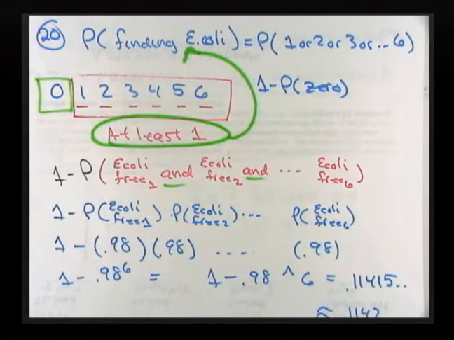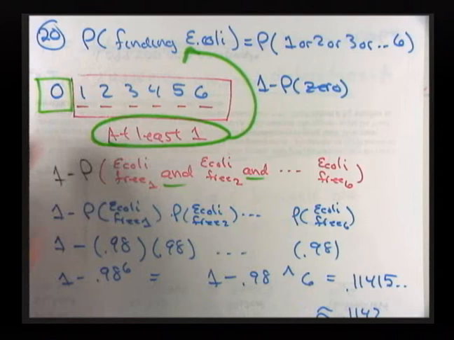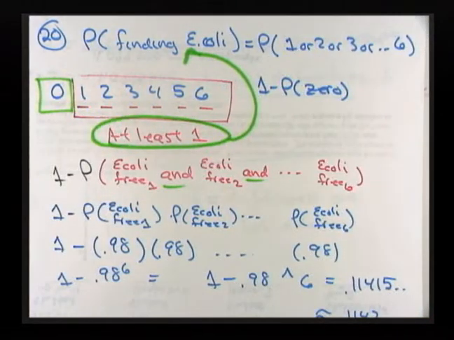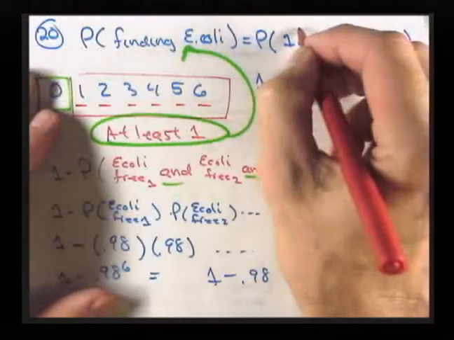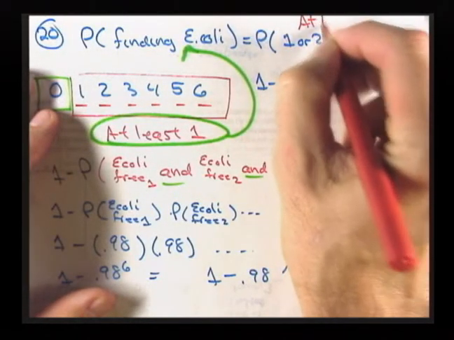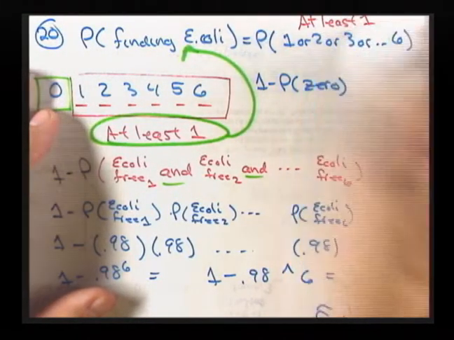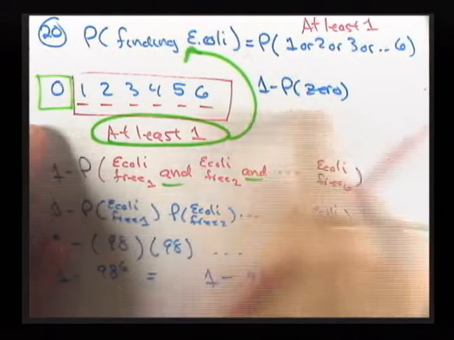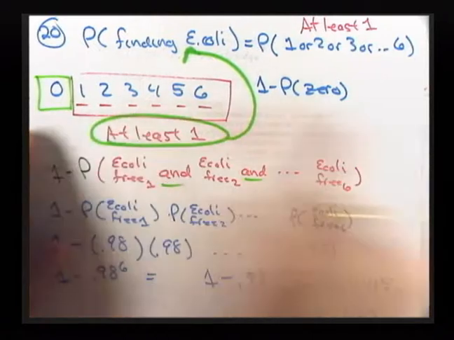And that's going to be the same probability, but it's going to be a much easier calculation. So we calculated it, instead of calculating it directly, which would be this, at least 1, we calculated it using the complement, which is probability of 0.